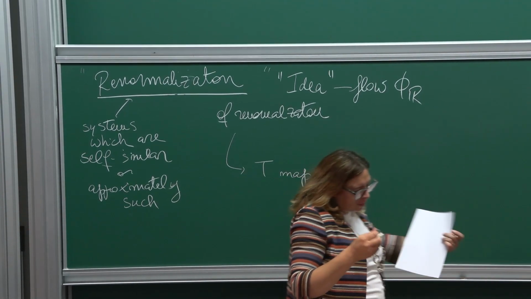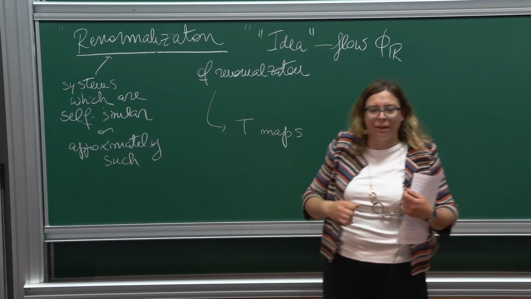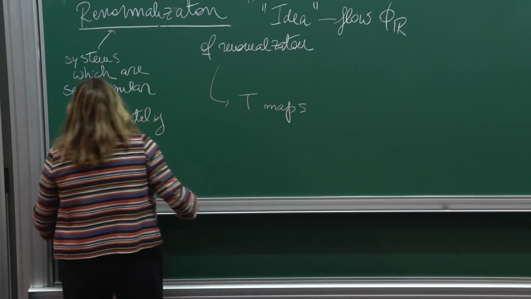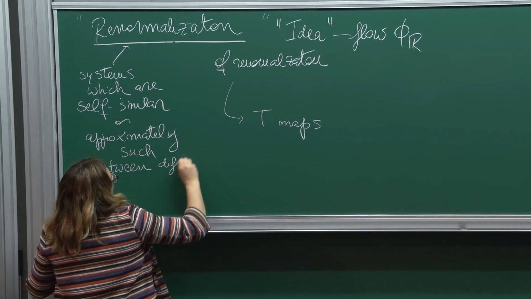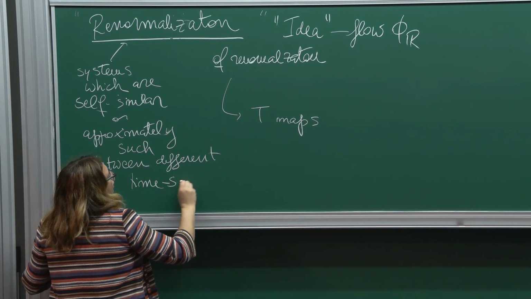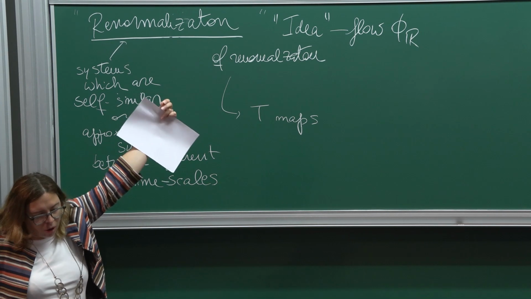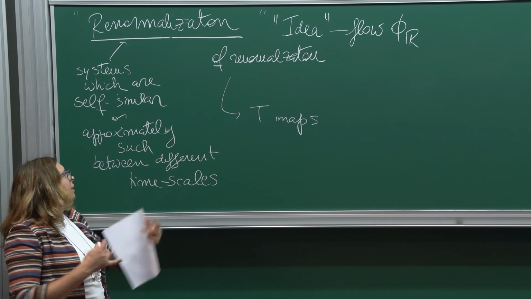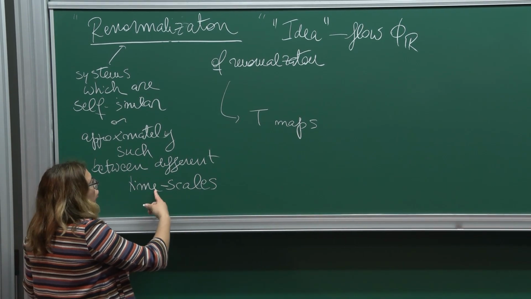The other idea in renormalization is that if you have a system with some built-in self-similarity between different scales, between different time scales, whether flows or maps, we want to say that long orbits somehow have some self-similarity, maybe with an inflation, compared to short orbits.